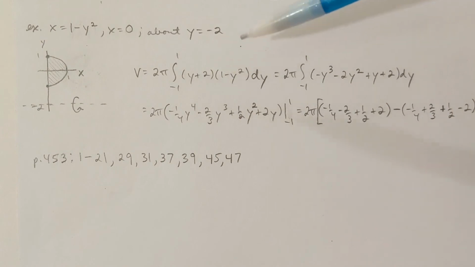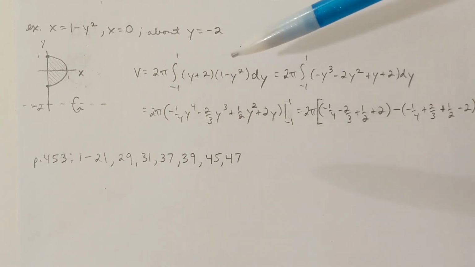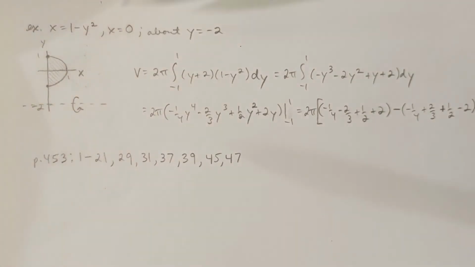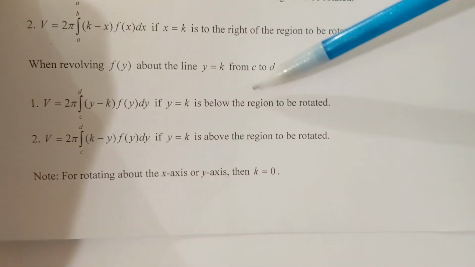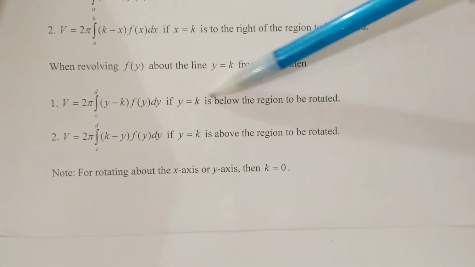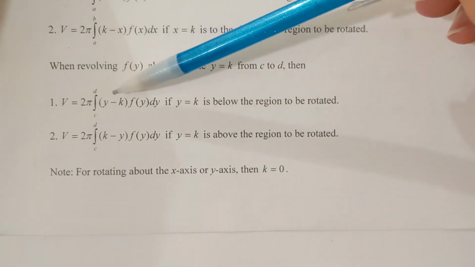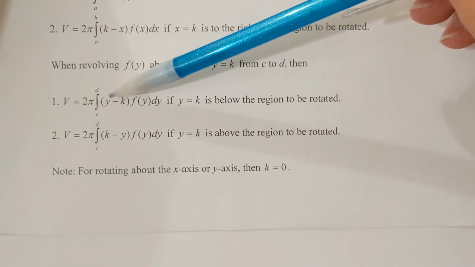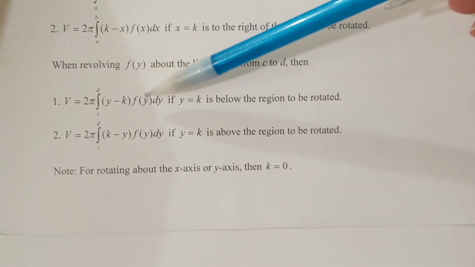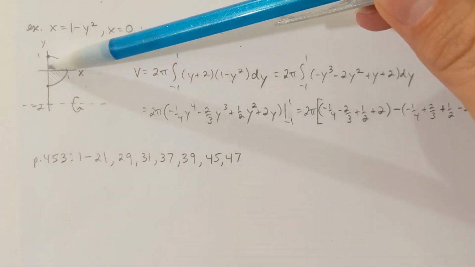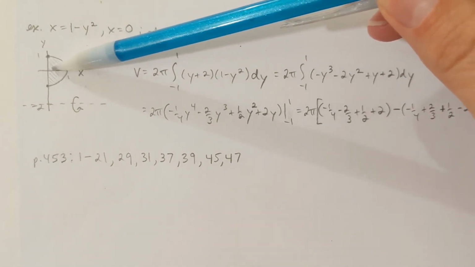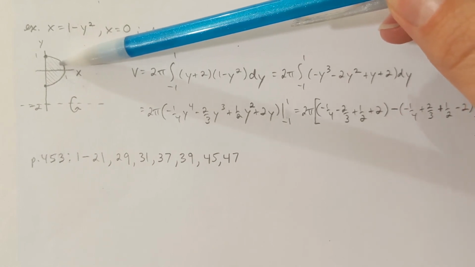Now, inside the integral, because that region is being rotated about a line that is below, we're going to want y minus k in front of f of y. If I think about it in terms of top curve minus bottom curve, the top curve would be a y value creating a horizontal line in this bounded region.